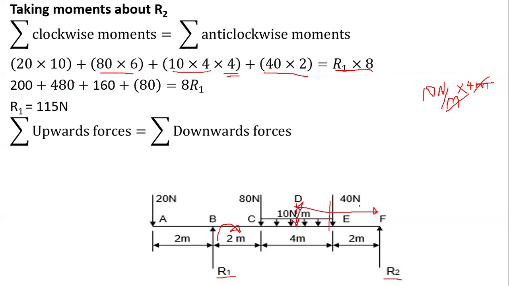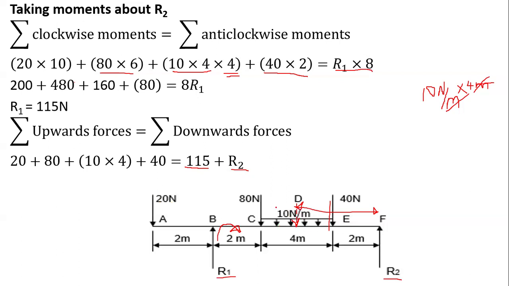Let me see that then. My upwards forces are just 115 and R2. Don't worry, you can switch them deliberately to test your understanding. The downwards forces, you can see, there's 20, 80, then the UDL.